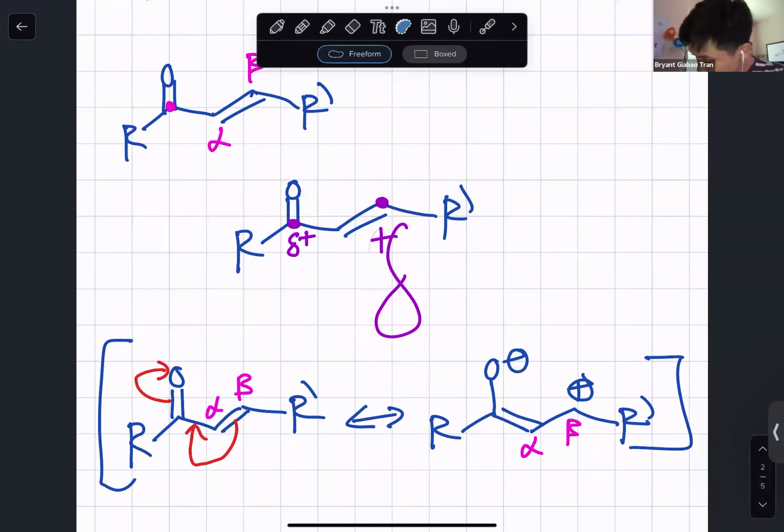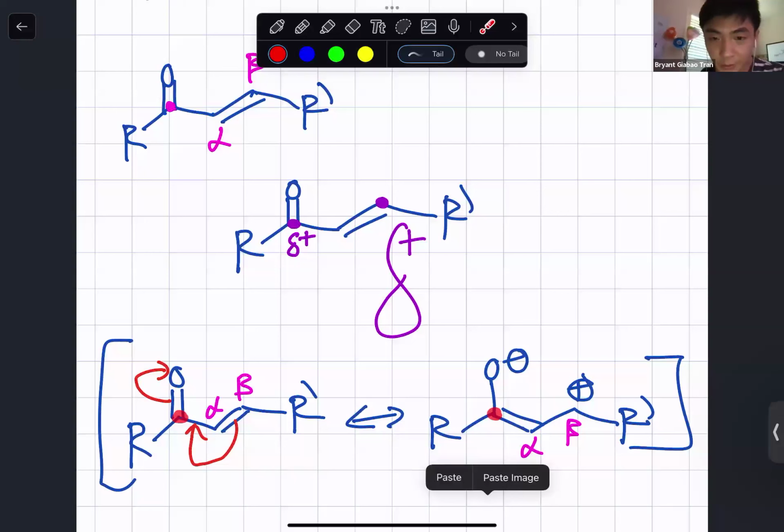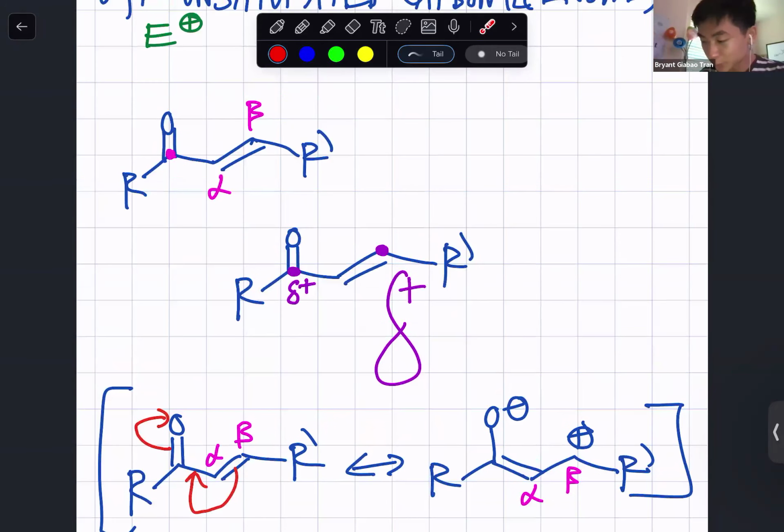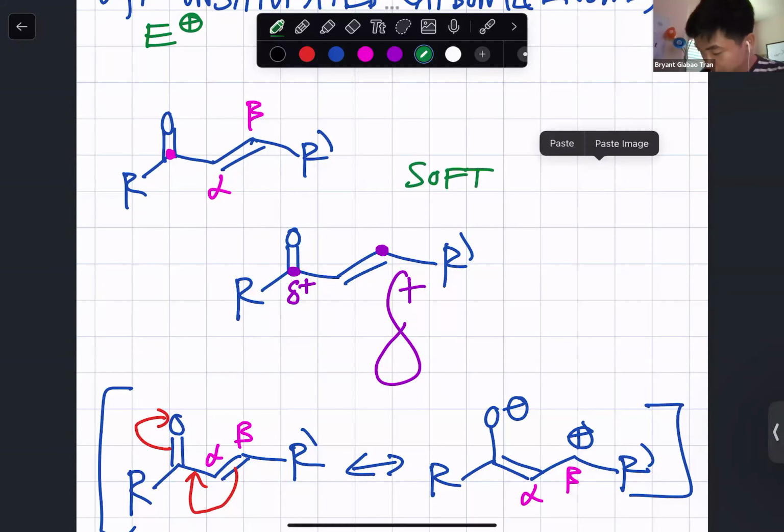If we look at the carbonyl carbon in both resonance structures, there's no full positive charge on it at all, whereas there is a full positive charge on the beta carbon, making that the better electrophile. The alpha carbon is not the electrophile at all. So whenever you see an enone, never react with the alpha carbon. You're either going to attack the beta carbon or the carbonyl carbon, and to tell which, you look at what kind of nucleophile you have. If you have a soft nucleophile, you attack the beta carbon.